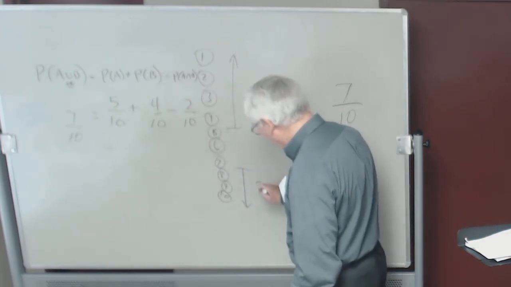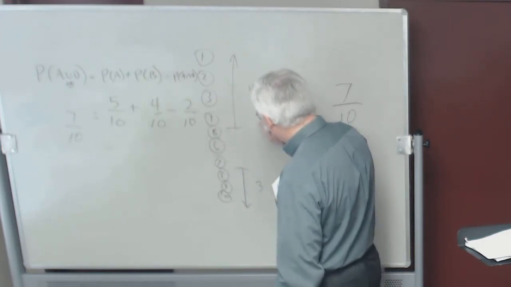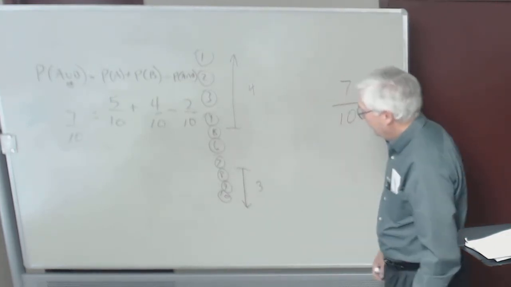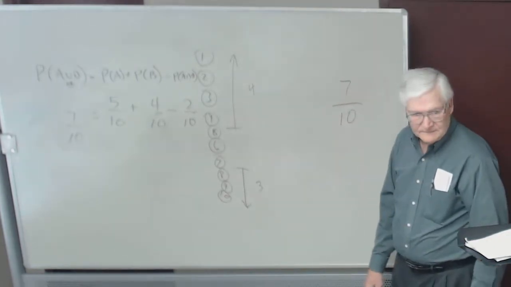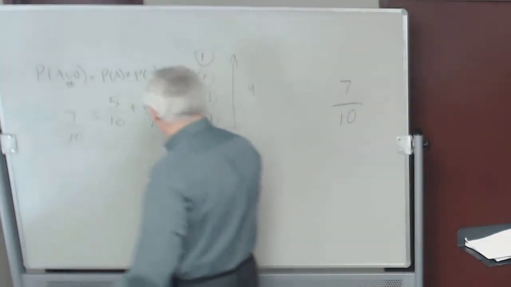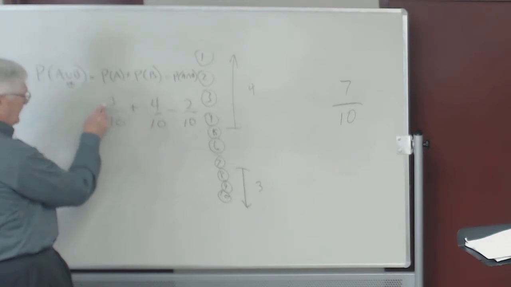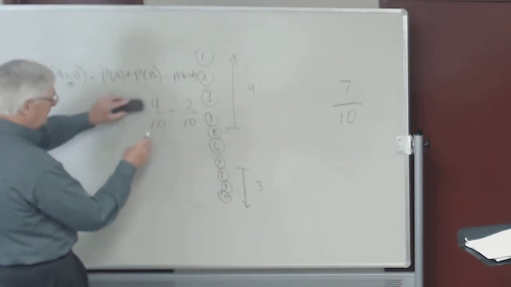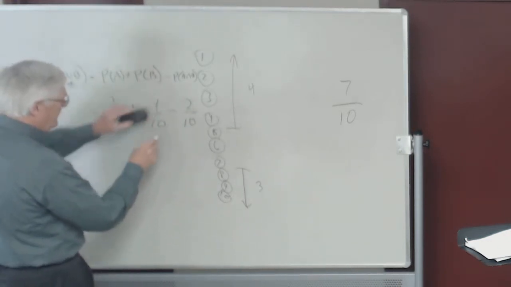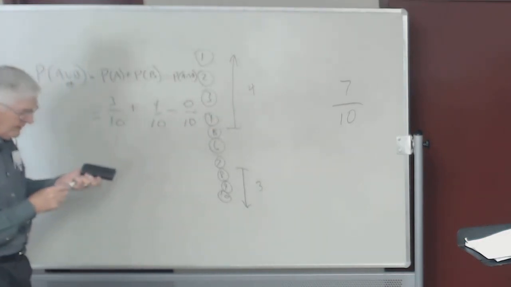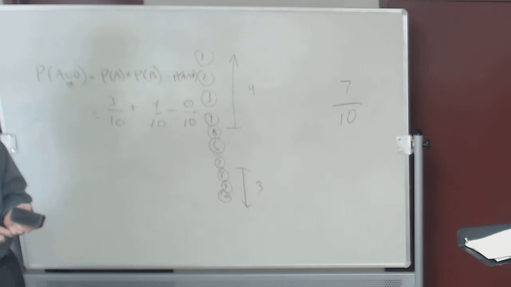So I have 3 here and 4 here. So that again would be 7 out of 10. And if you were using the formula, it would be 3 out of 10 plus 4 out of 10 minus, where do they intersect? 0 out of 10. They don't overlap. They don't intersect.